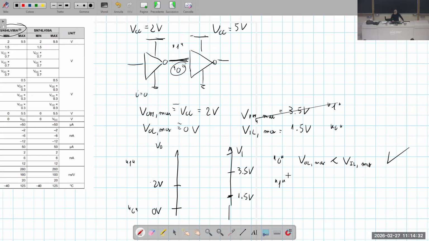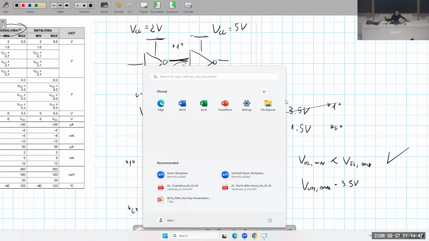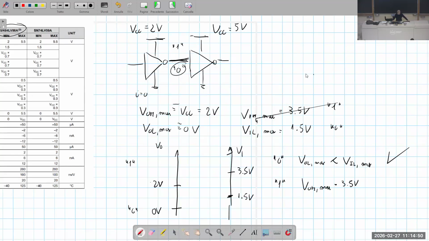But for the high logic level, we have that VOH minimum is 2 volts, and we have to check that this is larger than VIH minimum, but VIH minimum is 3.5 volts.